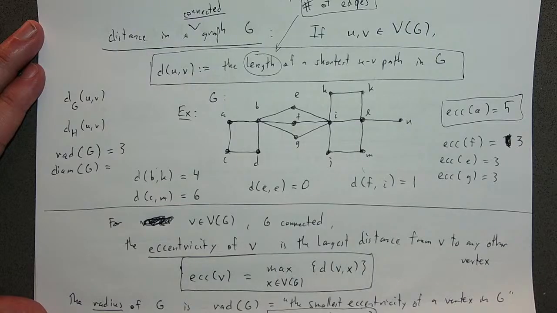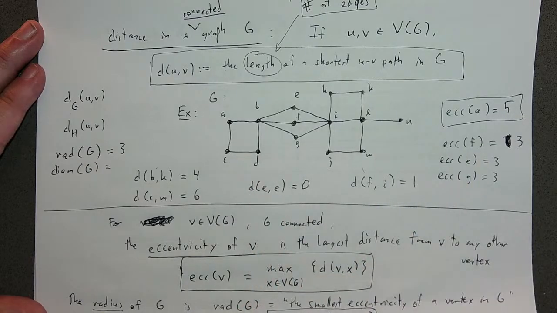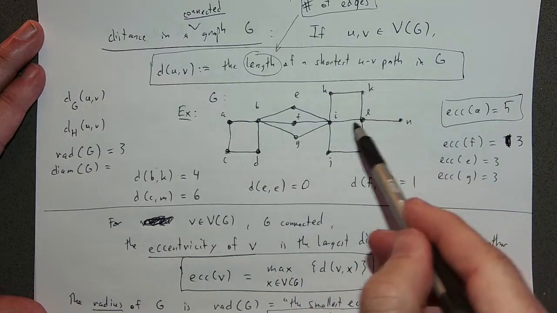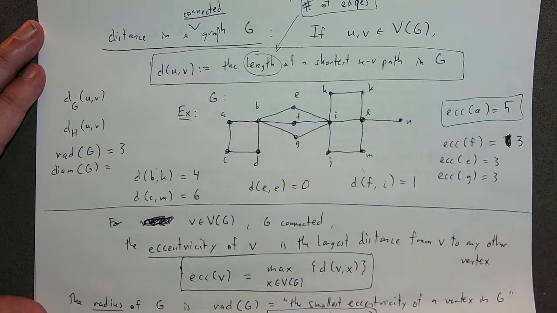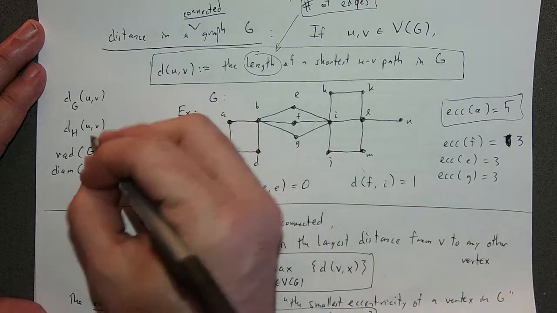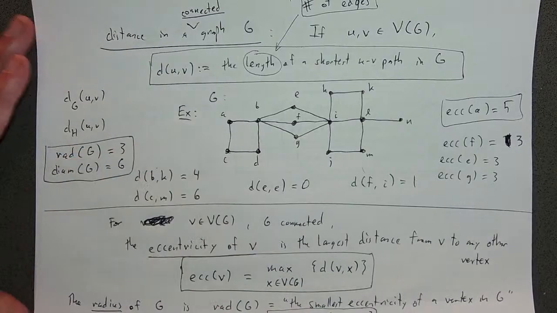Does it get larger than that? We know the distance from N to C is 6. What about K? What's the distance from K to C? 1, 2, 3, 4, 5, 6. Also 6. M. Also 6. The diameter of G is 6. This is the largest that we can make our eccentricity here.